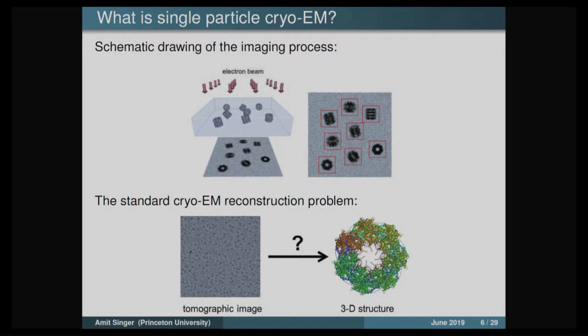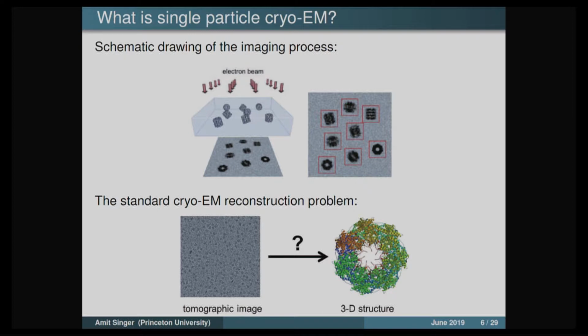You freeze many molecules in a very thin layer of ice. At the moment of freezing, every molecule picks some random orientation and random position within the ice layer. The ice layer is so thin that if you look at it in the vertical direction, you would see at most 1 molecule there.